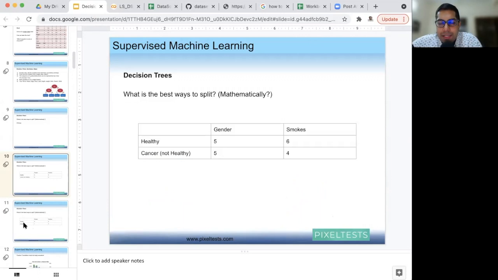So guys, take a snapshot of this, right? Now take a snapshot of this guy. Now which tree is better? Sorry, now what will you split it on? Will you split it on gender or smokes this time?